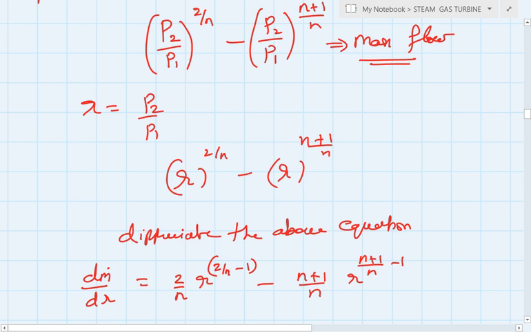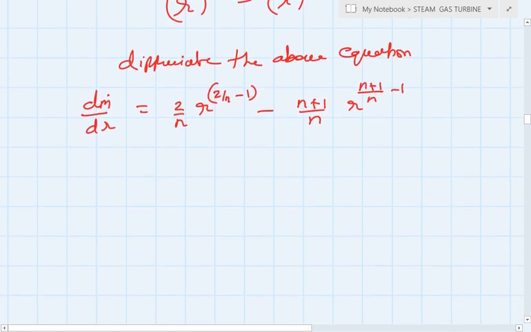So if I substitute all those things, what happens to my equation is I'll get the value of R in terms of 2 divided by n plus 1.